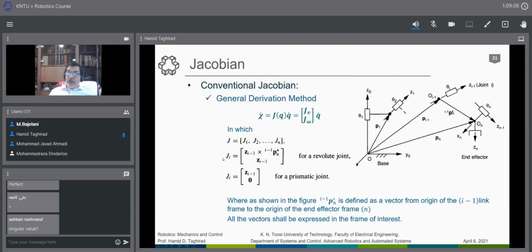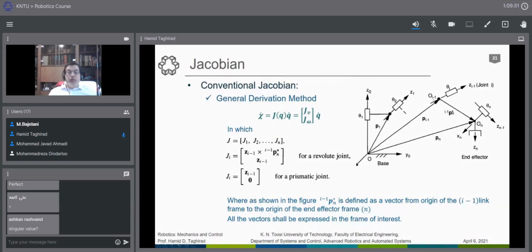This was for Ji, for a revolute joint i. It has a representation of zi, it has an Oi minus 1. Find the vector from this point to the end effector. That's it. Find the vector from the origin Oi minus 1 to this.